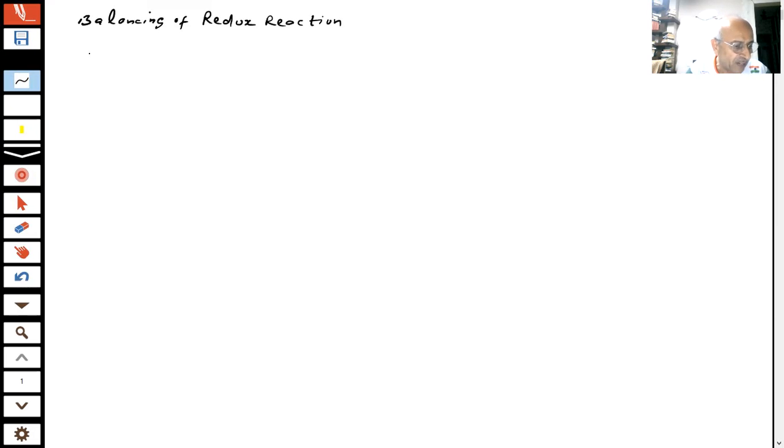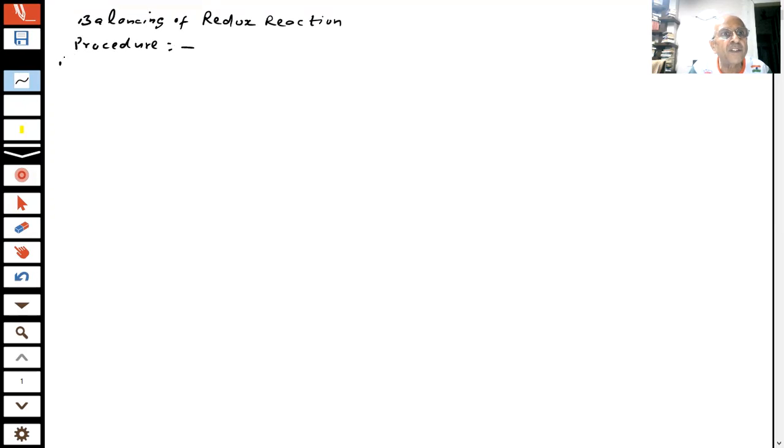This is a very important method: whenever a reaction is given, how will we balance it? We have shown the balancing of half reactions, and we have shown you how to calculate oxidation numbers. What is the procedure for balancing the reaction?